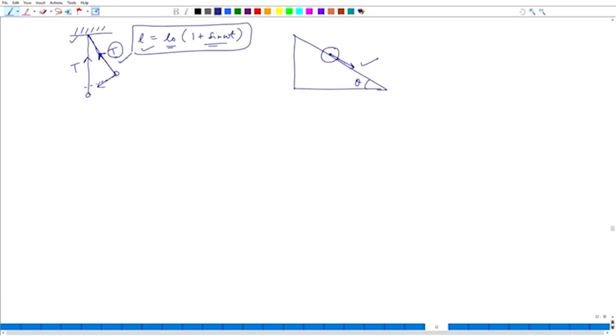Then, due to this contact, there should be a normal reaction force R, which is also perpendicular to the direction of the motion of the particle.